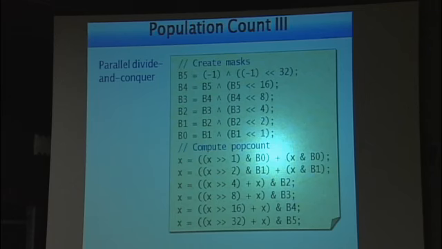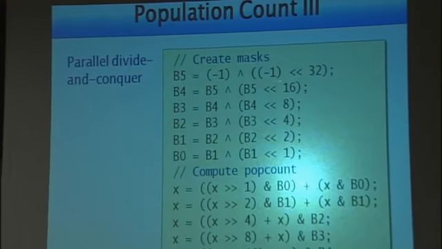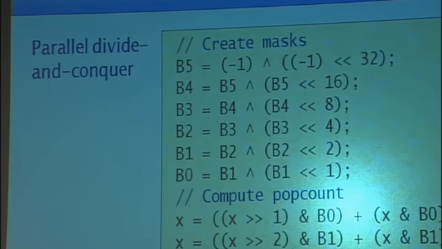So let's take a look at what this first instruction does. It's taking -1 and shifting it left 32 bits. That gives all ones in the high-order half of the word and all zeros in the low-order half, and then it's XORing it with -1. That gives you a mask of ones in the low-order half of the word.